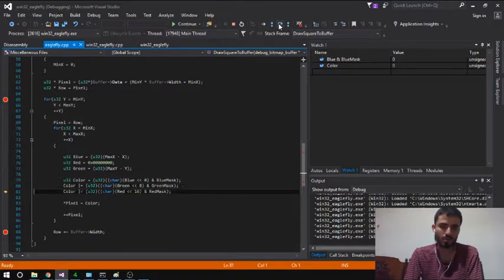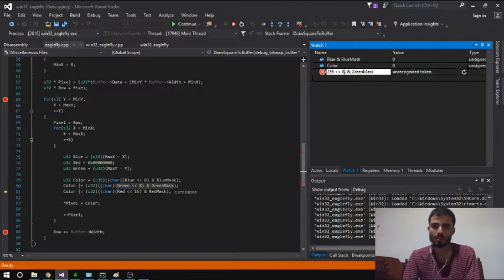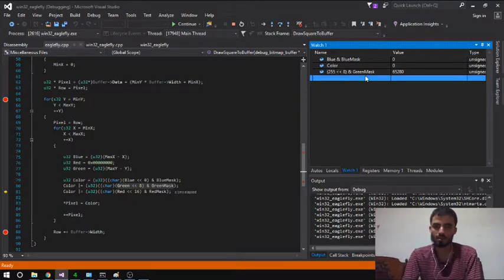This is 0, and this is 255, or 255 shifted by A. Well, I don't know what the precedence is in this. Okay.